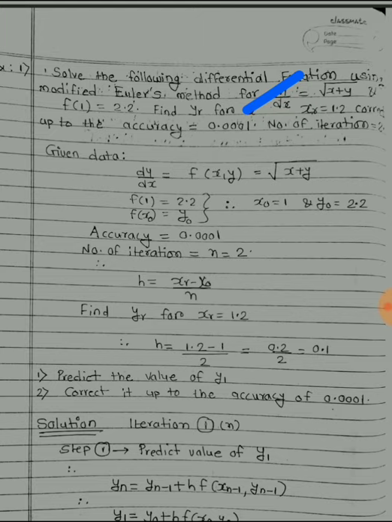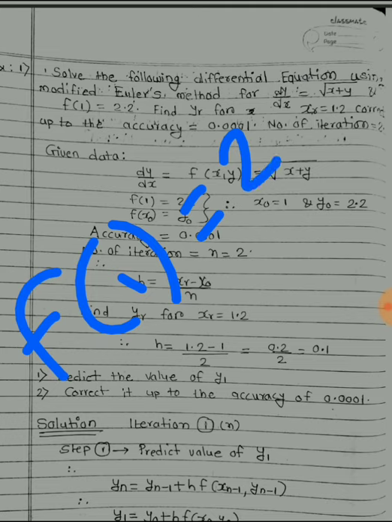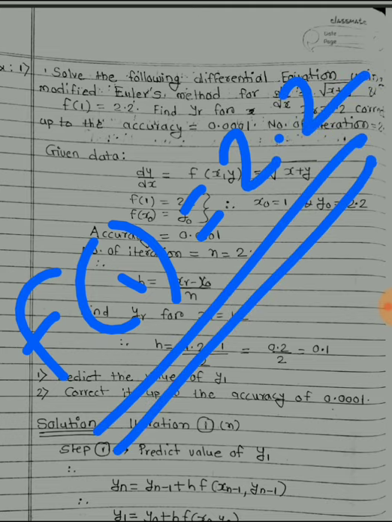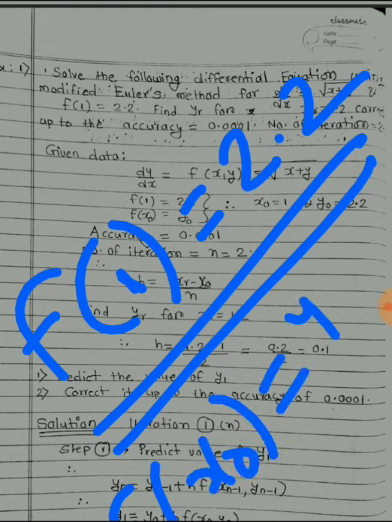Few more things. One of the interesting things which is given here, f of 1 is equals to 2.2. This type of statement you are going to get in almost every problem on ordinary differential equation. This equation has to be always compared with f of x0 is equals to y0.